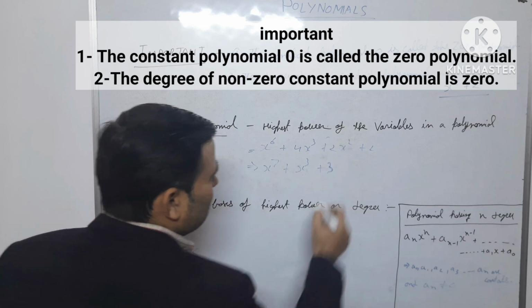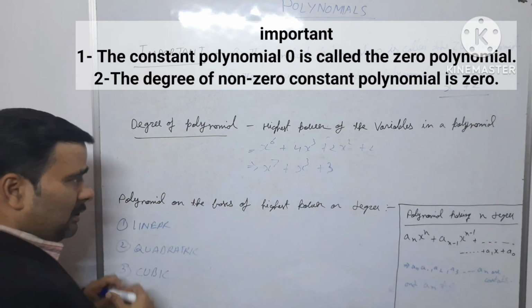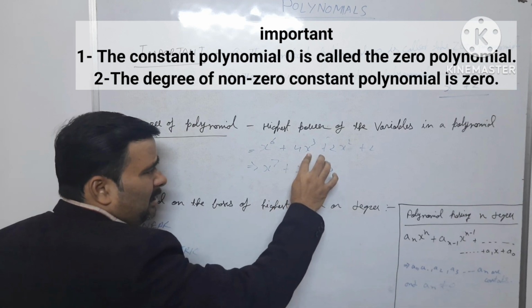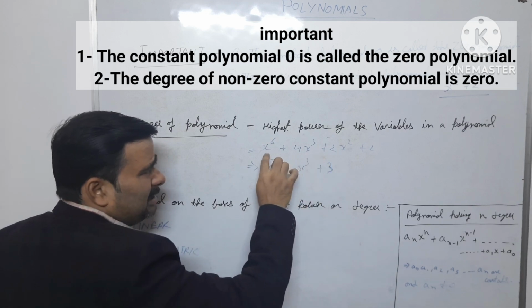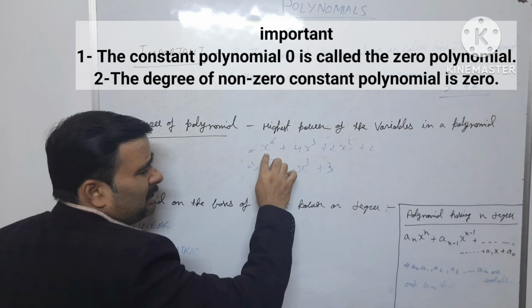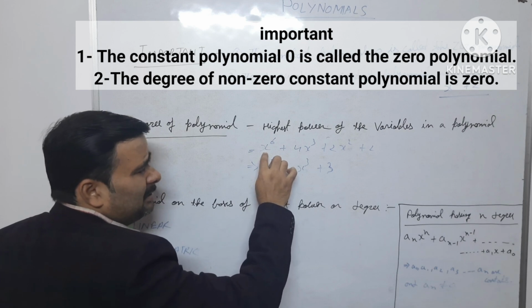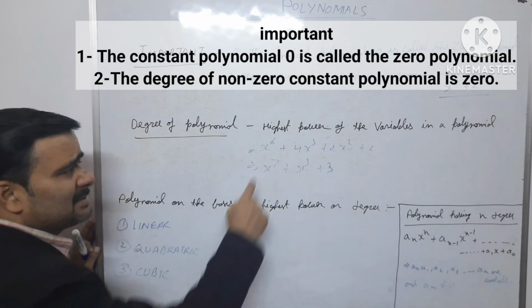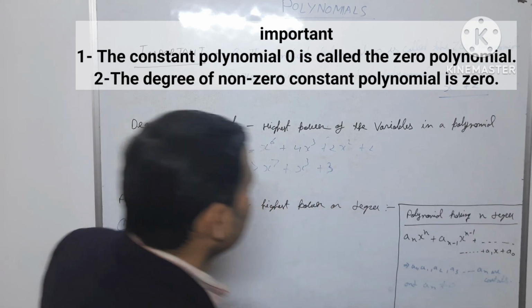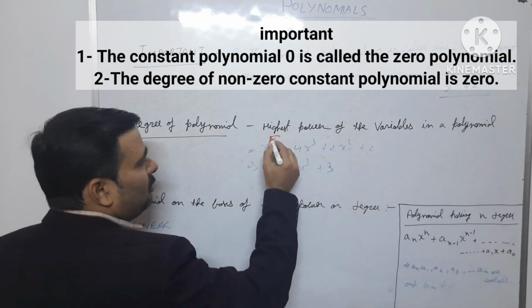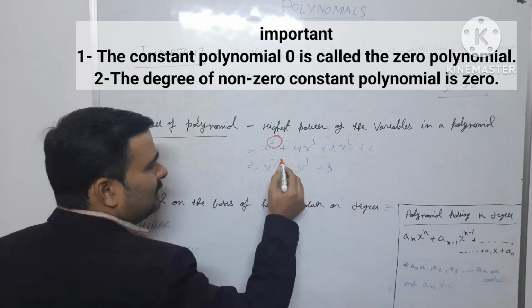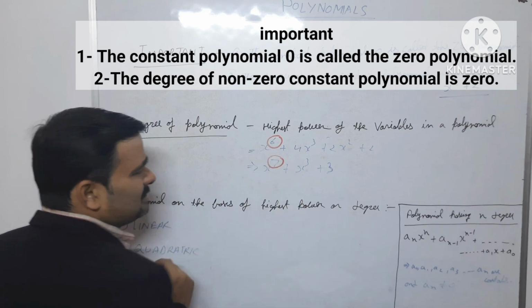In both polynomials, you can see the variable has a highest power. In this we have the variable x, and the highest power of x is 6. Here the highest power of x is 6 and here the highest power of x is 7.